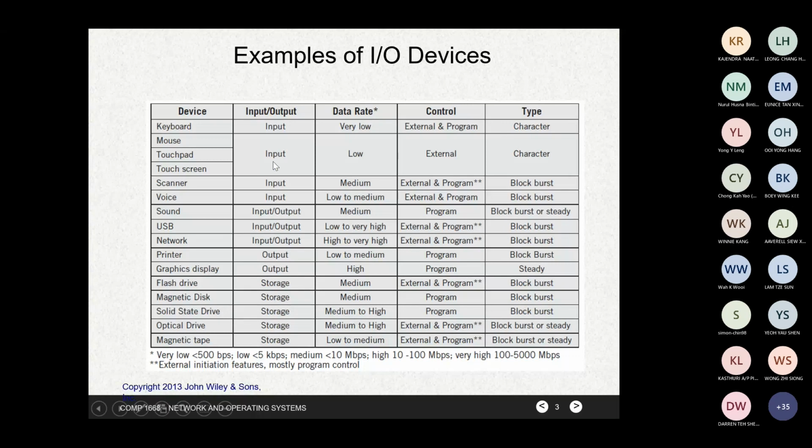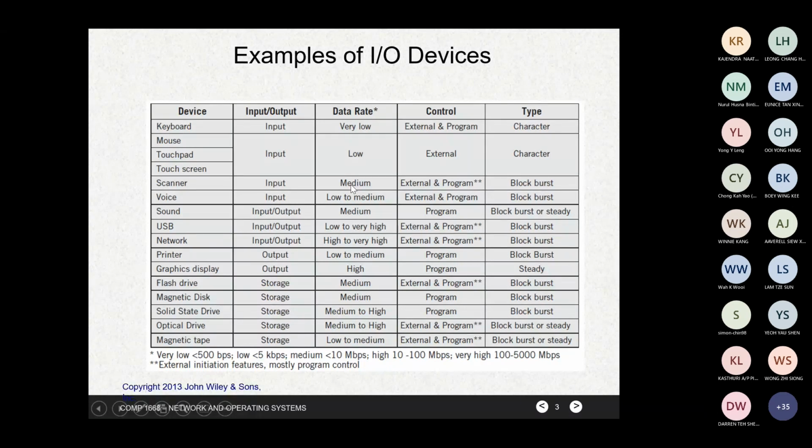Scanner is the same, because remember when we did IT, we call it OCR, OMR, optical character recognition or optical mark recognition. All those are characters. So a scanner is still an input device. The data rate is of course medium, much faster than keyboard and mouse.